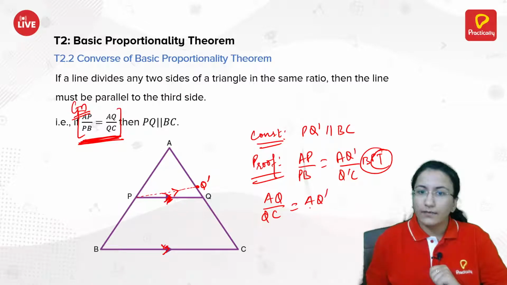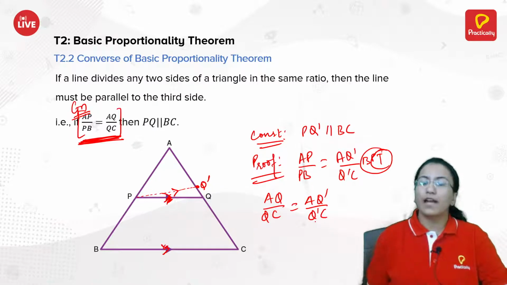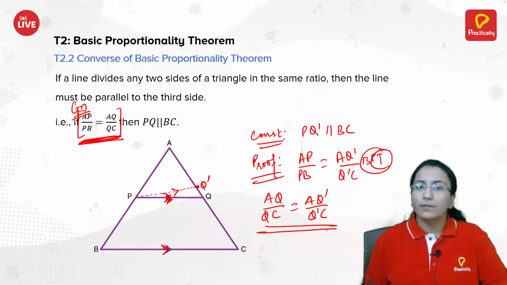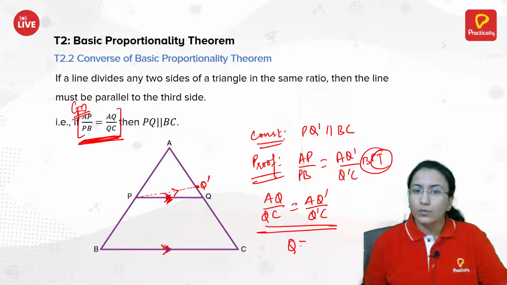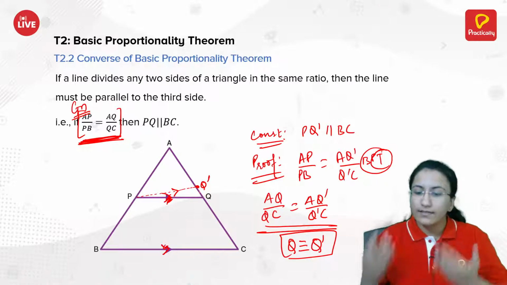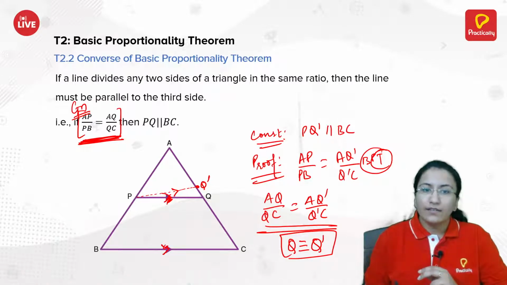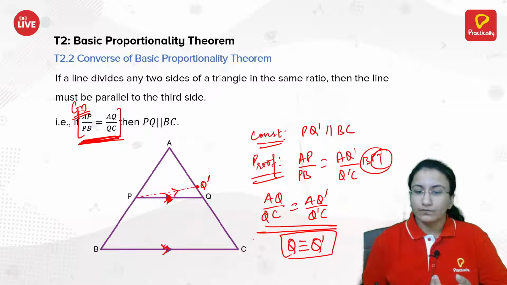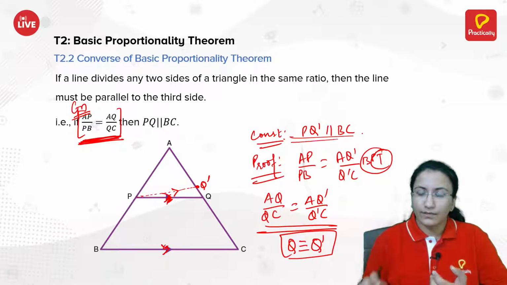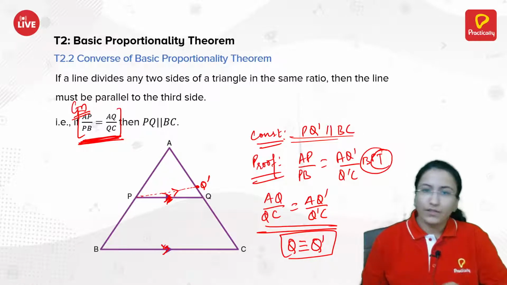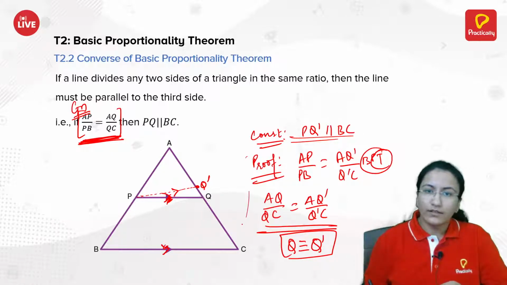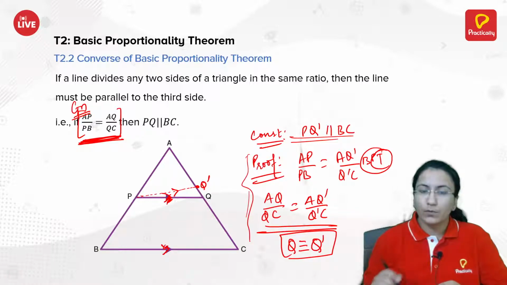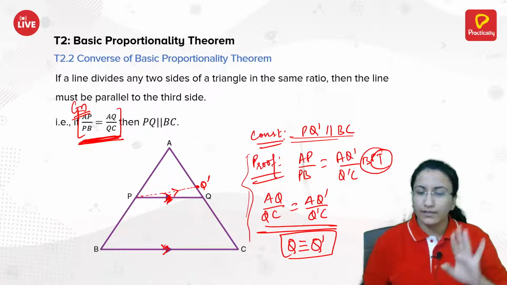If we have this statement, comparing both sides, you will get that point Q is the same as point Q dash. Now if Q and Q dash are the same point, that means PQ is parallel to BC, as our construction says. So you can recall the formula or proof from this. This is a 2-3 step proof.